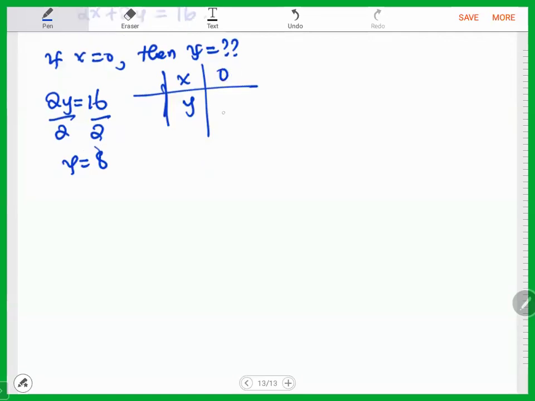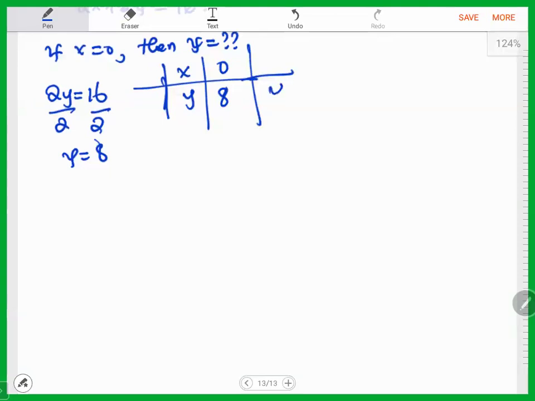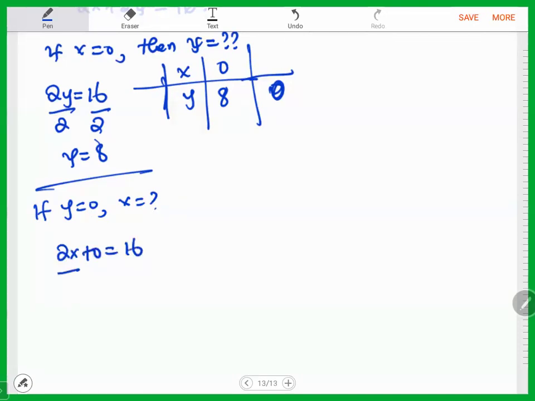Then you go ahead and say, how about when y is 0? If y is equal to 0, then we shall have 2x plus 0 is equal to 16, divided by 2. X is equal to 8. So we have 8 there.